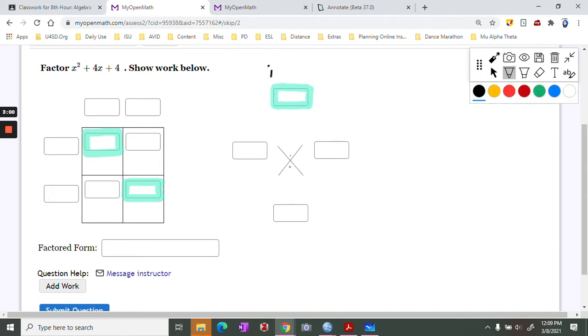So here, my product is the first term times the last term. So let me highlight that. Our first term times the last term. So x squared times 4 is 4x squared. Down here is our sum, and that's my middle term, 4x.